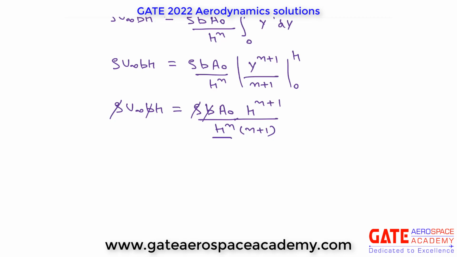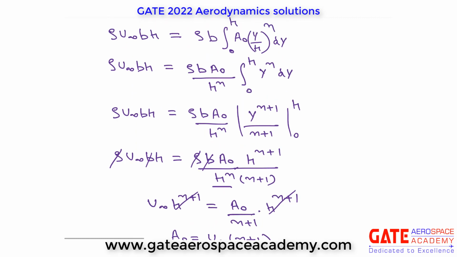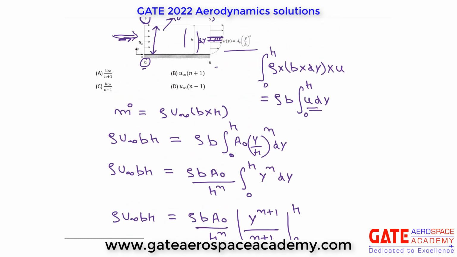So this h raised to n we can take to that side. U infinity into h raised to n will become h raised to n plus 1 is equal to a naught upon n plus 1 into h raised to n plus 1. This will get cancelled out. So a naught will be equal to u infinity into n plus 1. Right? B option.